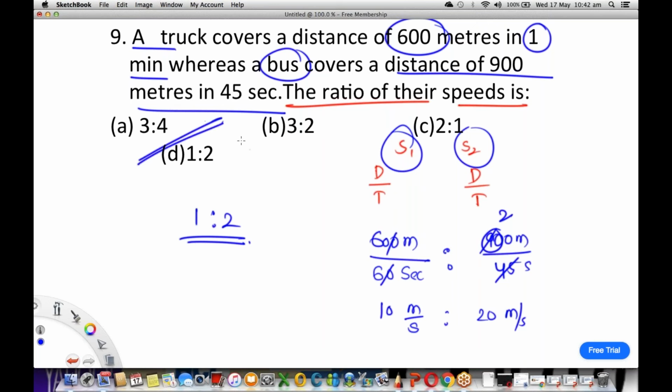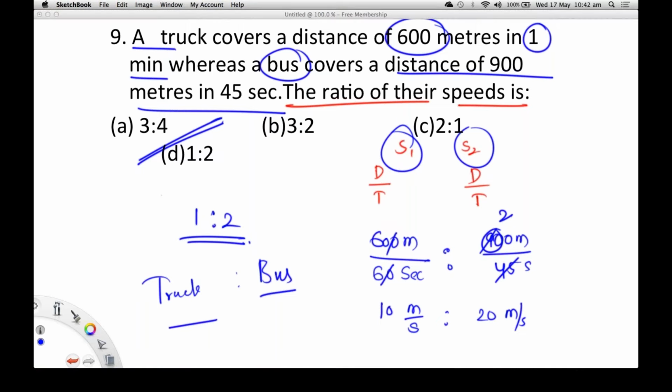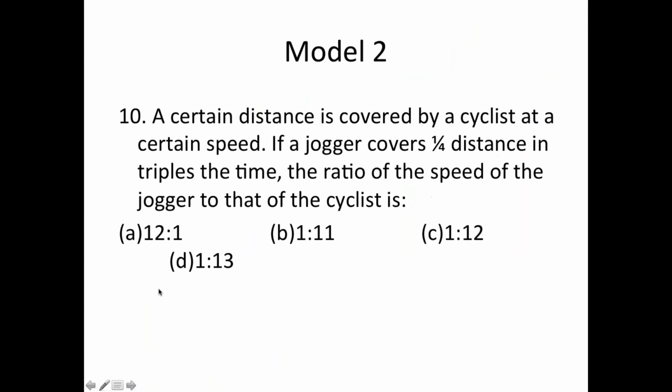The ratio of their speeds is being asked. So the ratio of their speeds means the truck speed to the bus speed. He is not asking bus speed to truck speed. It is 1 is to 2, not 2 is to 1. KKR College. Solve this. Give me the answer. Quick.